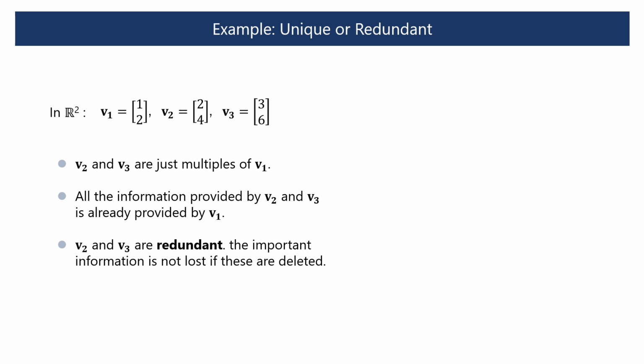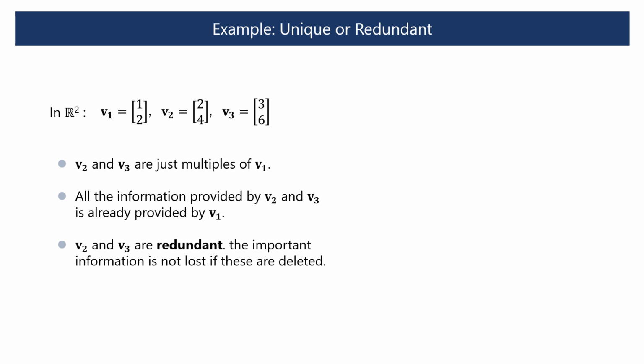Let's consider a simple example of redundant features. Here are three vectors, v1, v2, and v3. At first glance, these look like different vectors. But if you look closely, you'll see that v2 and v3 are just multiples of v1.